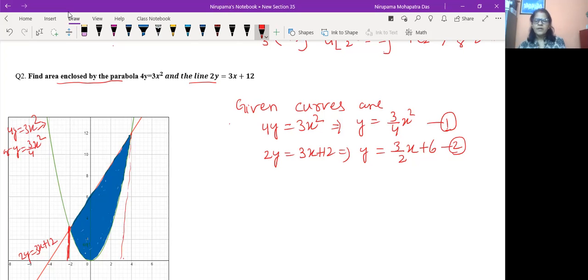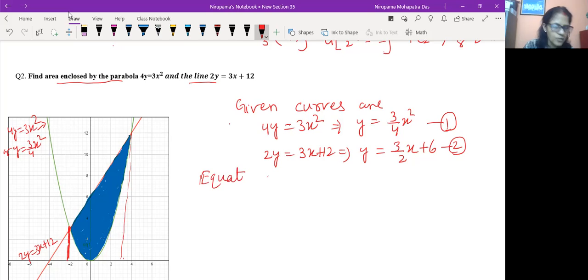Okay, so let's find out the points of intersection. We have two curves. Like the previous question, to get limits of integration we have to find points of intersection of two curves. What is their common point? For that reason, we have to equate the equations of the curves.